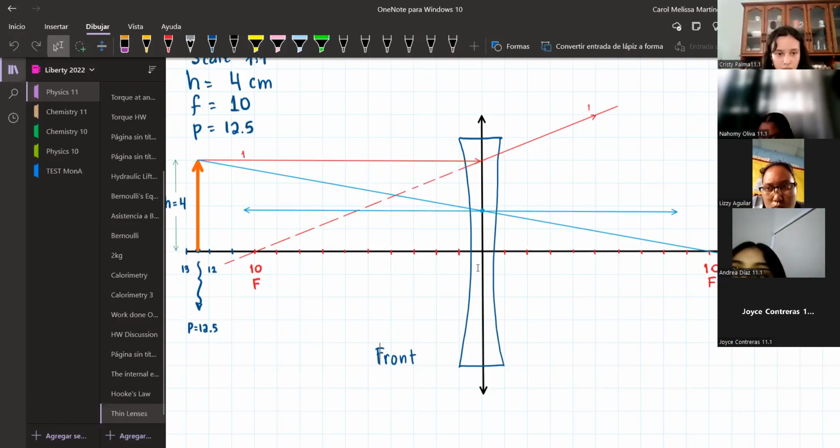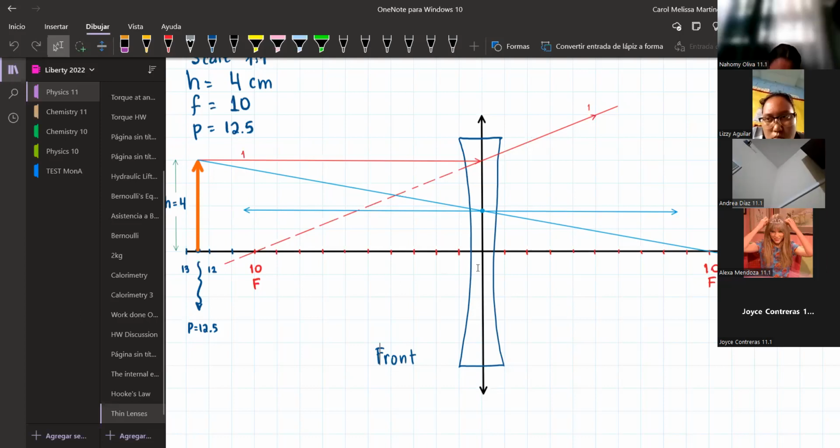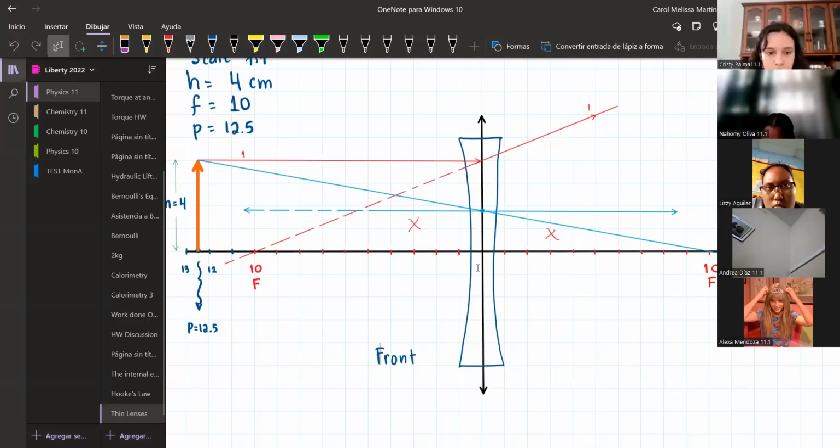Okay. Ahora, these lines over here and over here are dash lines, okay? So we're going to turn them into dash lines. Okay, those are the rays 1 and 2 respectively.